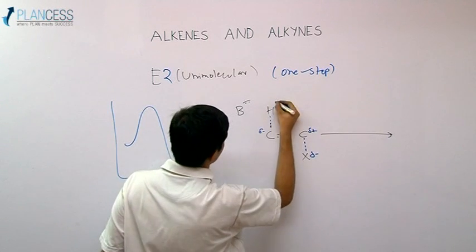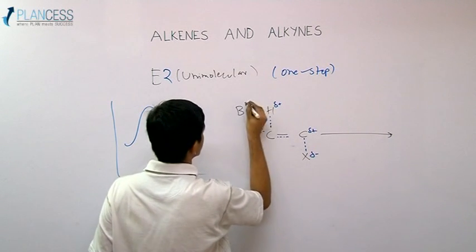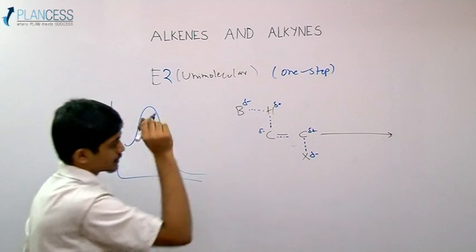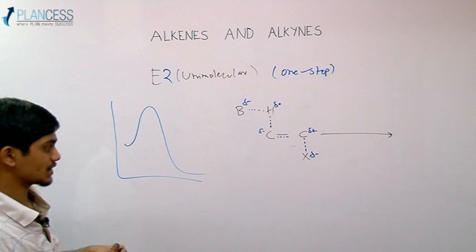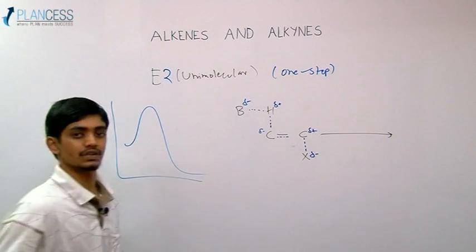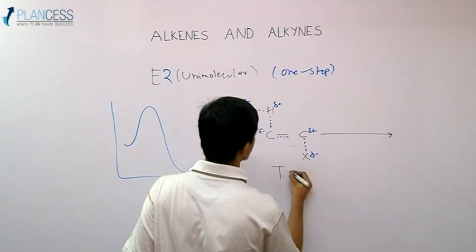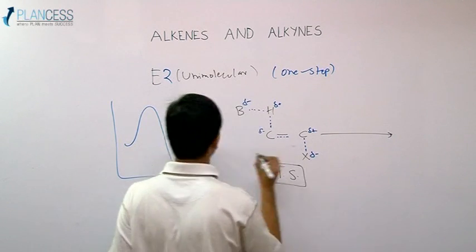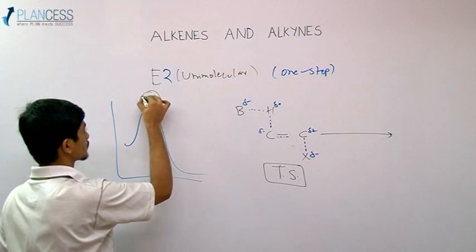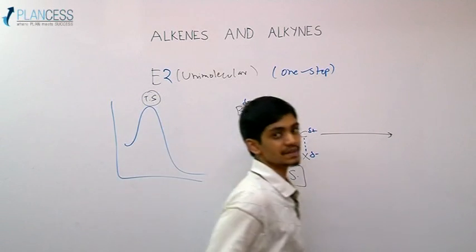So we have something like this. If you calculate the negative charges, we will get overall a delta negative charge, which was the case earlier also. So this is our transition state in case of E2, which will appear over here. So the transition state looks something like this.